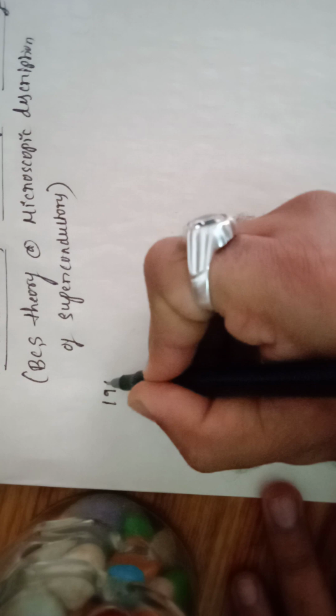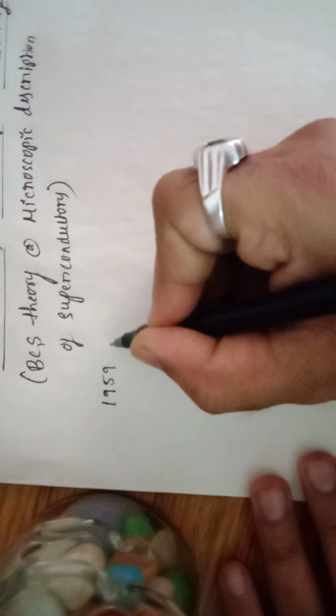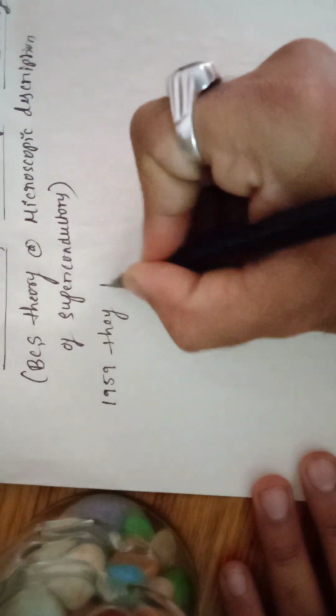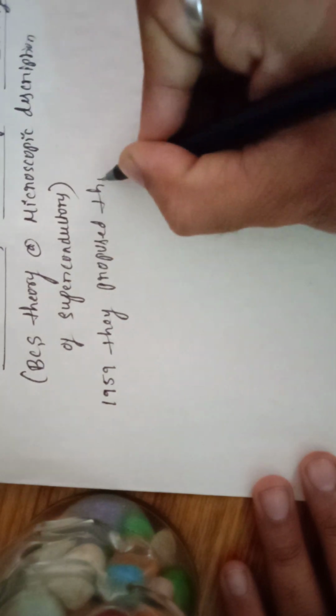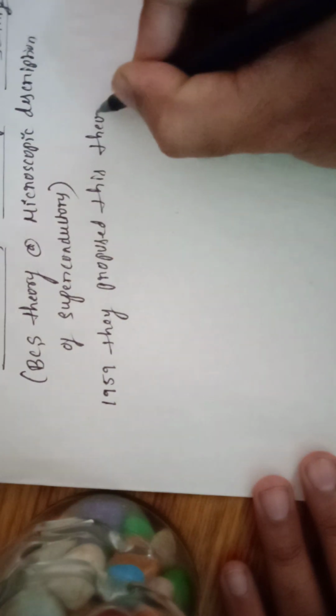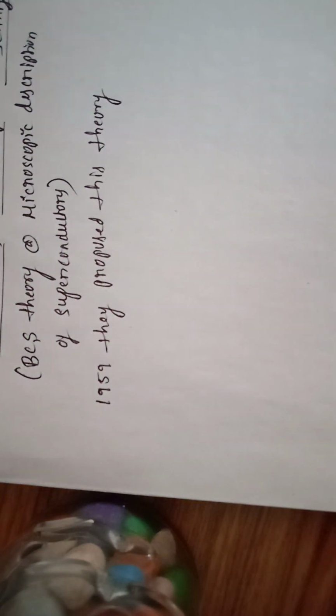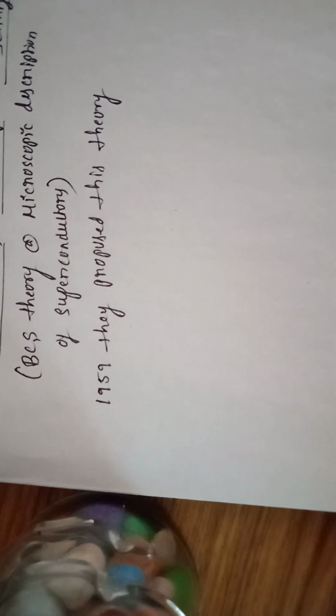So BCS theory, we'll begin with the theory. In 1959 they proposed this theory. In general, we know that in normal conductors the electrons are flowing and constitute electric current.